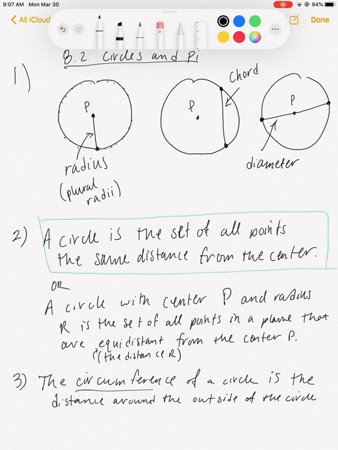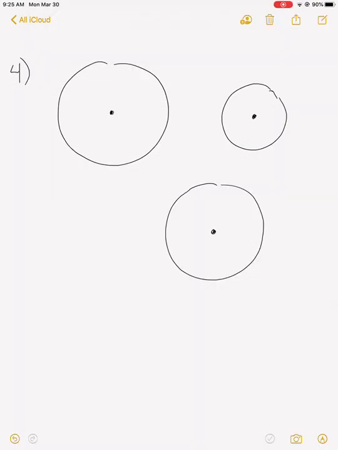Okay, and you can also think of it as kind of like the perimeter of the circle. Okay, so remember the circumference is a distance, so it'll be one-dimensional.